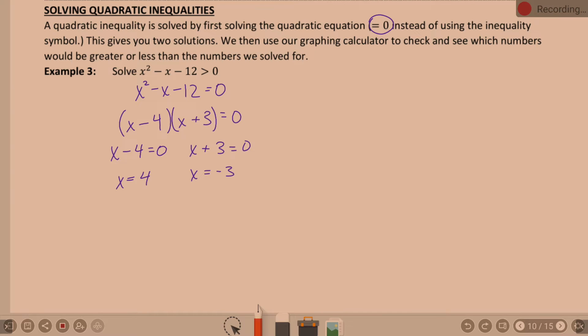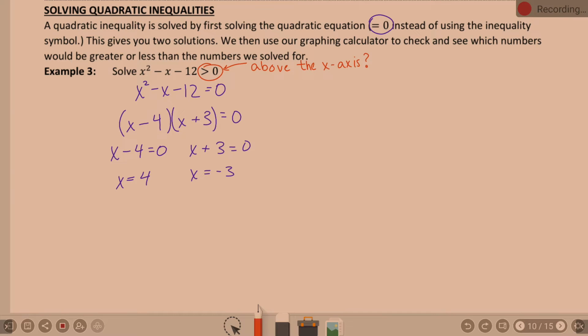That means I want to know when y is greater than 0, and that's going to be above. Because this says greater than 0, we're going to look at the graph and ask ourselves, when is the graph above the x-axis? That's the question I'm asking myself here.